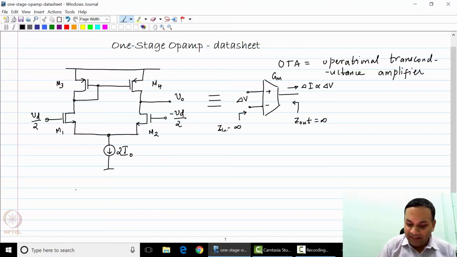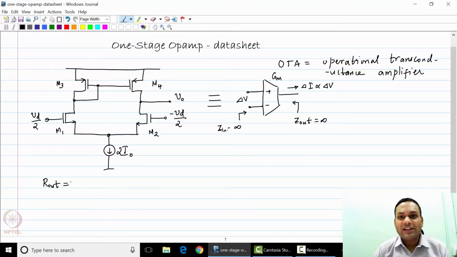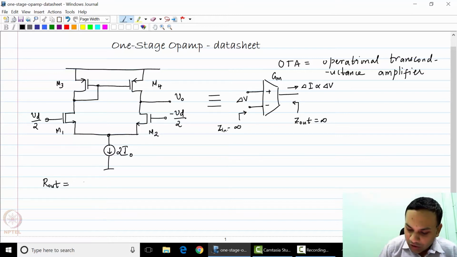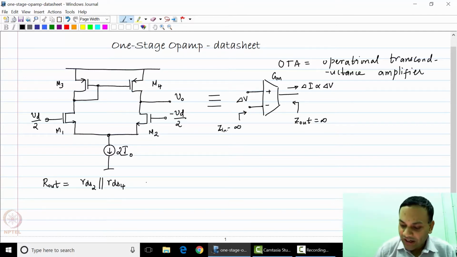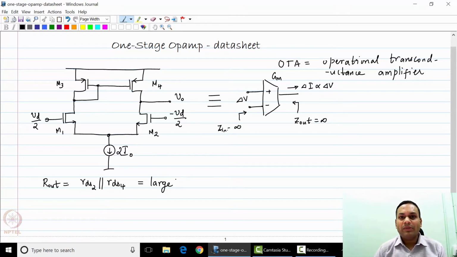It turns out that for the one-stage op-amp that we have built, R out is RDS2 parallel RDS4, which is quite large. Remember that one of the properties we desired originally from the op-amp was that the output impedance should be very small.